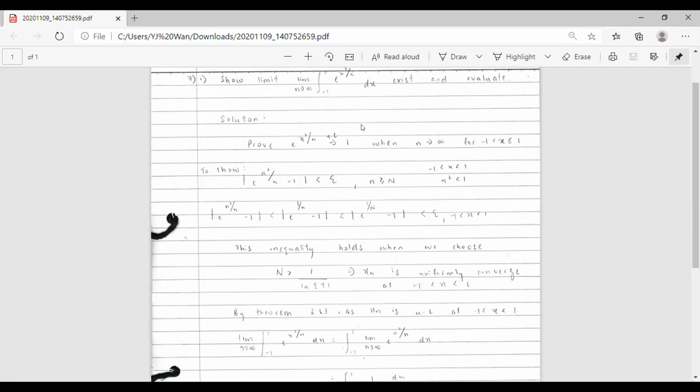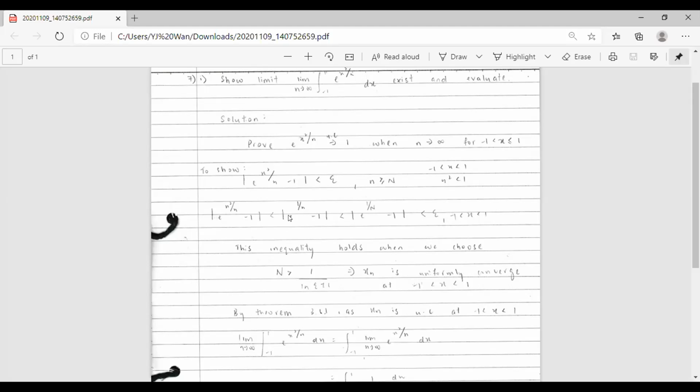Because we only integrate from -1 to 1, I set the condition that x is less than 1 and larger than -1, so x squared is less than 1.